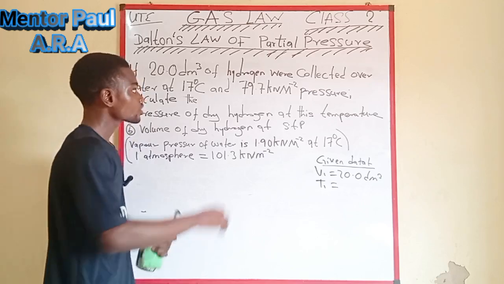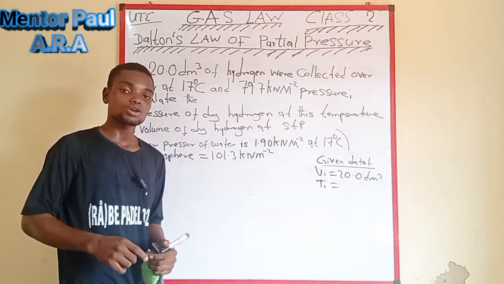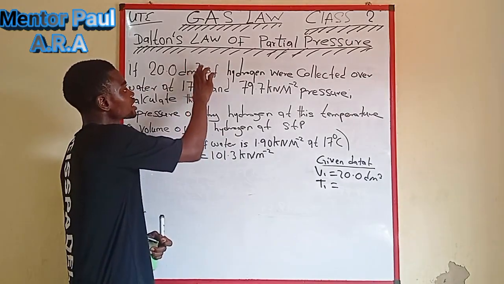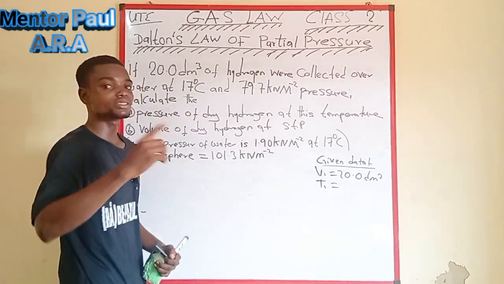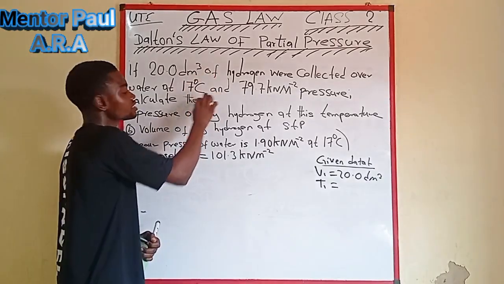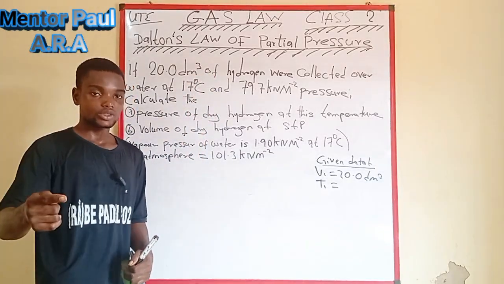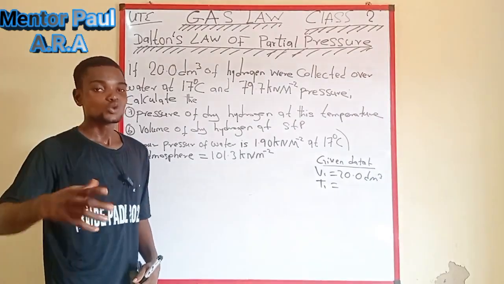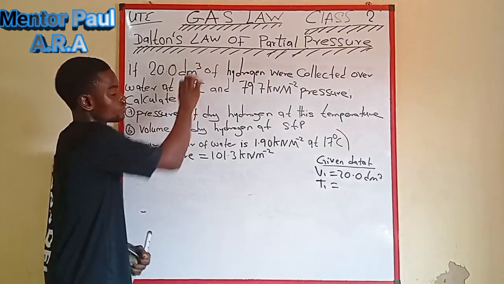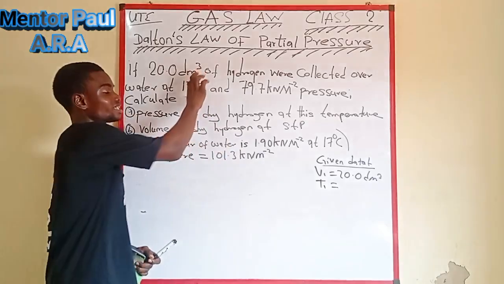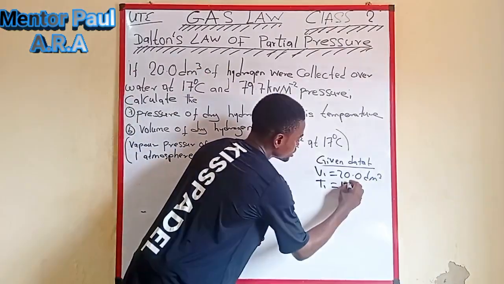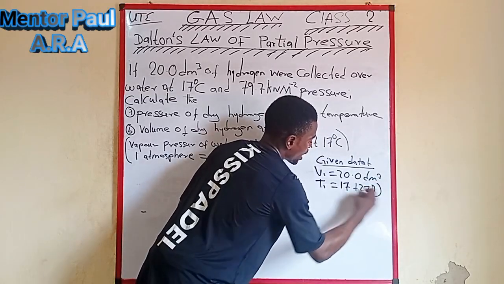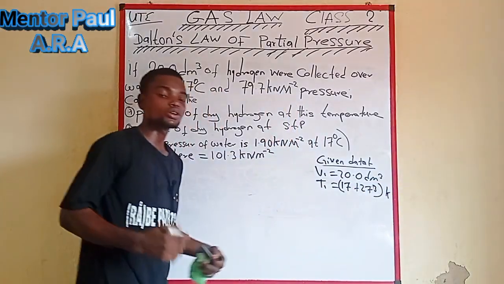Converting it to Kelvin scale, 0 degrees Celsius is equal to 273. Now, since we have 17 degrees Celsius, it's going to be 273 plus 17 degrees Celsius, which will give us the value in Kelvin. But if this Celsius value is greater than 273, we minus 273 from it. Because 17 is lesser than 273, I'm going to say 17 plus 273, and this is now going to be in Kelvin.